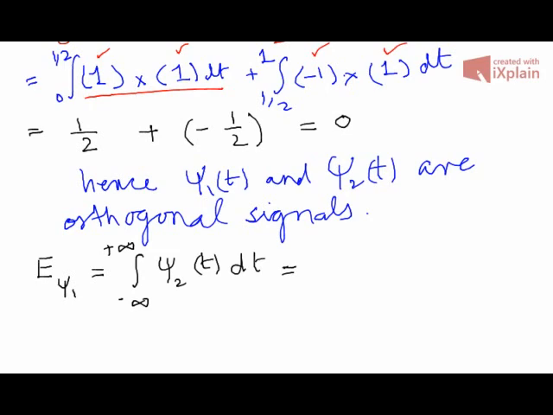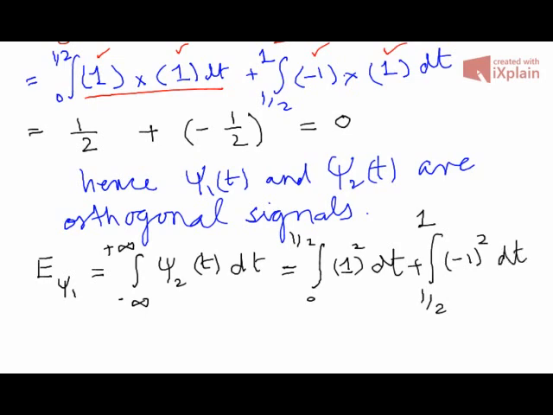So from 0 we can again split it into two, from 0 to half. From 0 to half our signal is unity, right? So we take the square of unity, and from half to 1 again it is minus 1 squared, right?